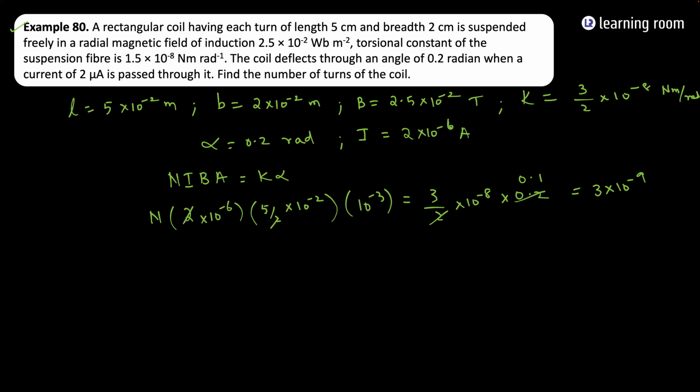So N will be equal to 0.6 into 10 power minus 9, the whole divided by 10 power minus 6 into 10 power minus 2 into 10 power minus 3. So 6 plus 2 is 8 plus 3, so 10 power minus 11. This will go to the numerator. So it becomes 0.6 into 10 power 2, or it is also going to be 60.